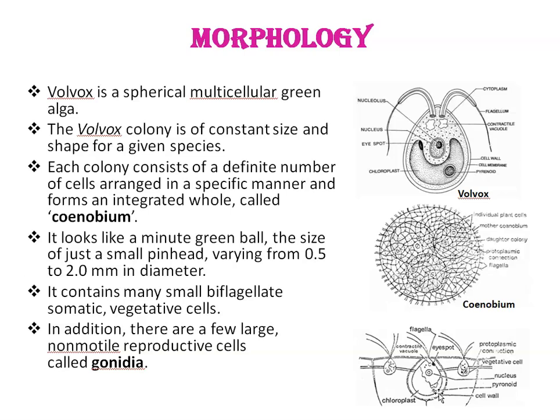In some species, the reproductive cells are derived from cells that originally look and function like somatic cells before they enlarge and divide to form new progeny. Depending upon the species, the number of cells in the colony varies between 500 to 50,000 cells.